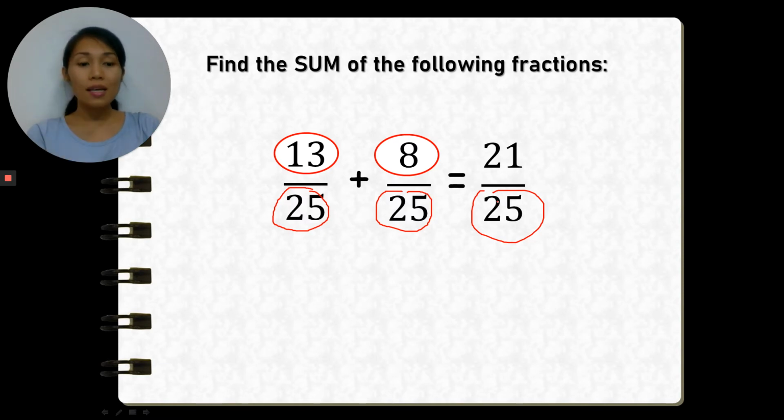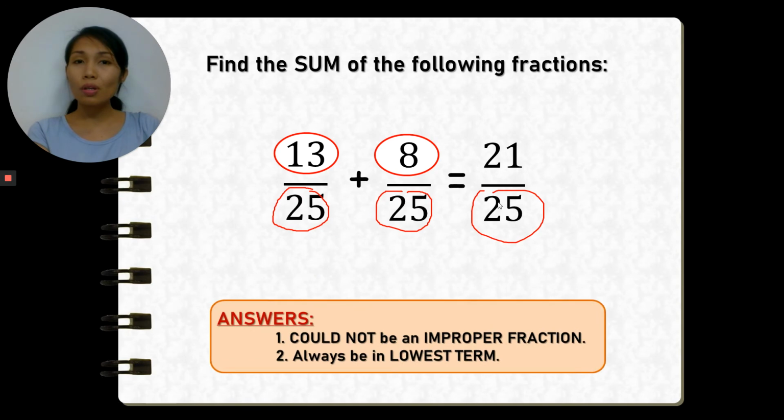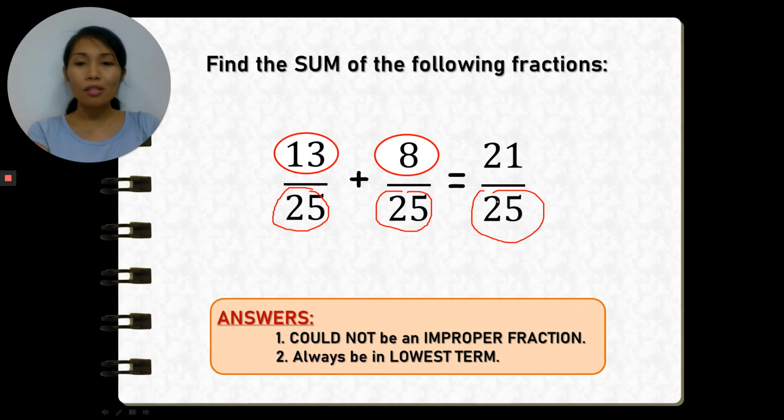Now let's see our points in finding our final answer. It should not be an improper fraction. Is this an improper fraction? No, so that is correct. This is a proper fraction since 21 is smaller than 25. Now, it should always be in lowest term.